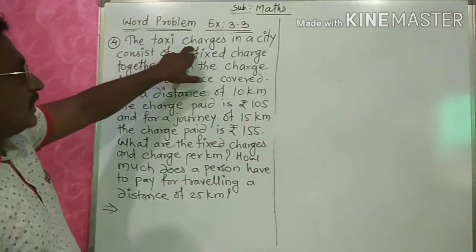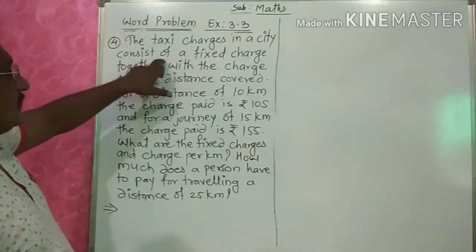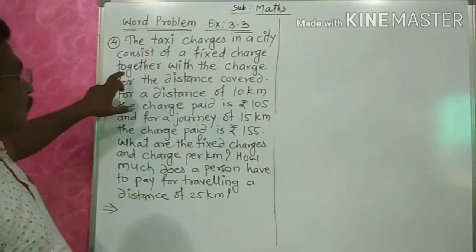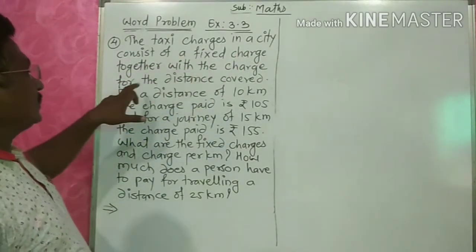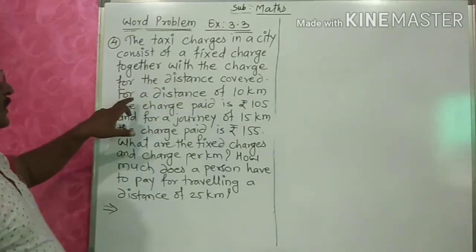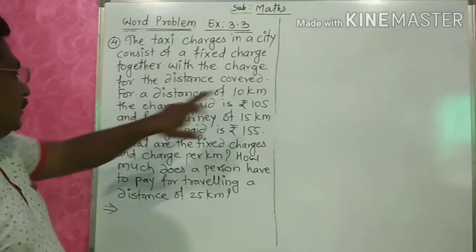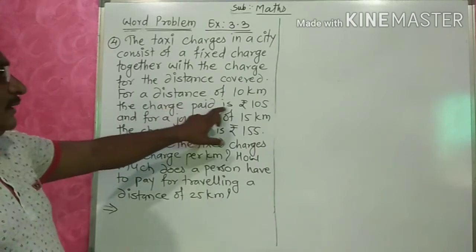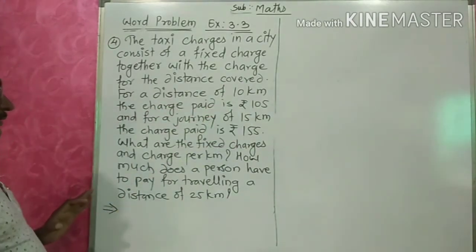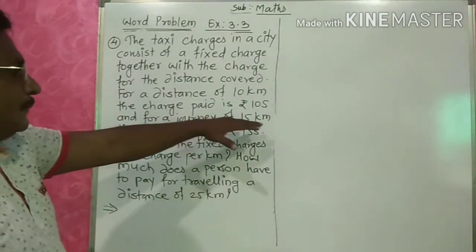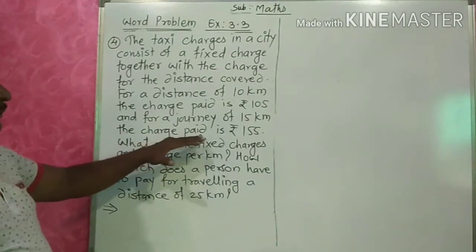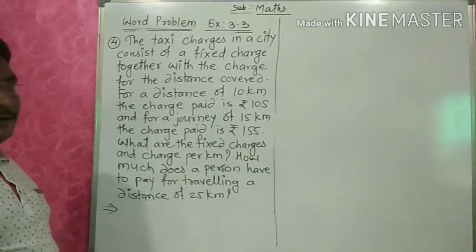The taxi charges in a city consist of a fixed charge together with the charge for the distance covered. For a distance of 10 km, the charge paid is rupees 105. And for a journey of 15 km, the charge paid is rupees 155.